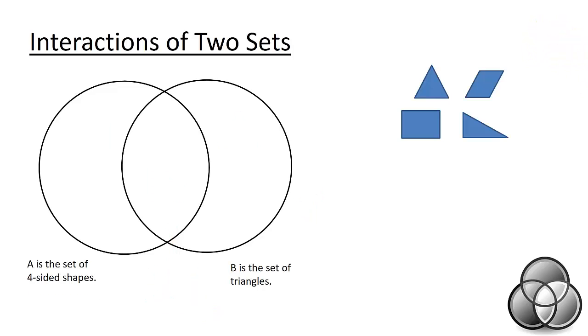What if we changed set A to be the set of 4-sided shapes? Take a moment to try to sort the objects one more time. Again, we can go through each element one by one and place it in the appropriate section of our Venn diagram.